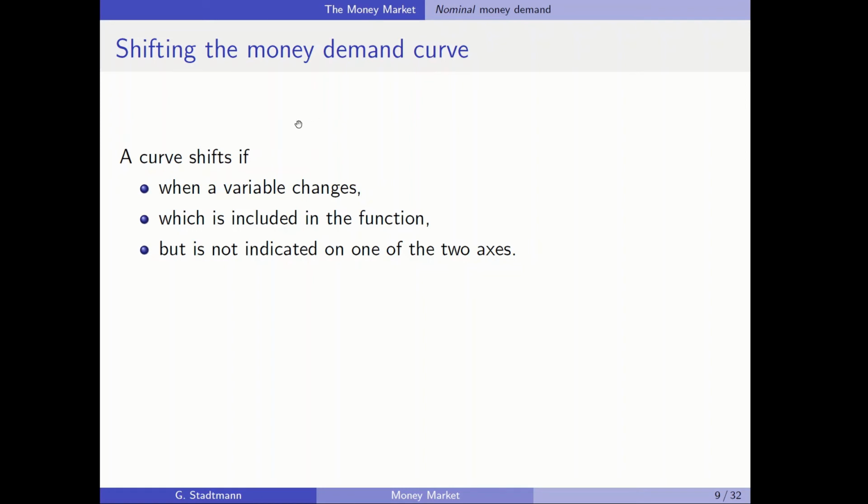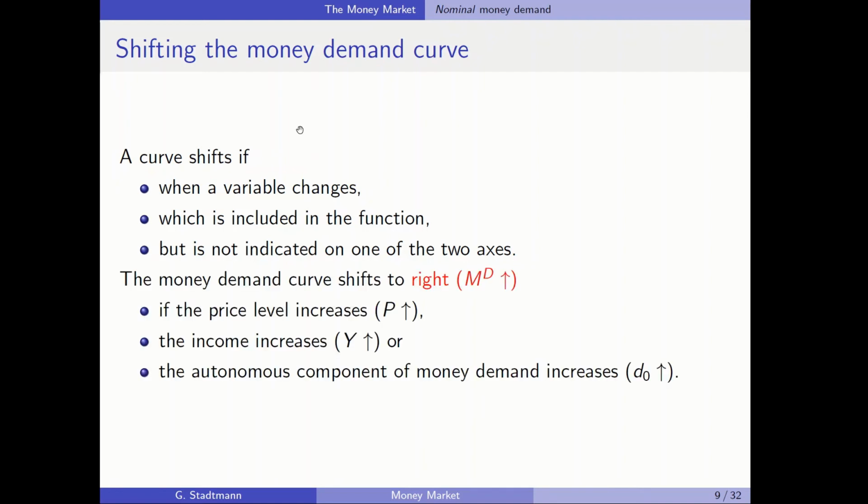A general definition is that an equilibrium curve shifts if one variable changes, which is included in the function, but is not displayed on one of the 2 axes. Hence, our money demand curve will shift to the right. Money demand will increase in case that the price level increases, in case that the income increases, or in case that the autonomous component of money demand increases.